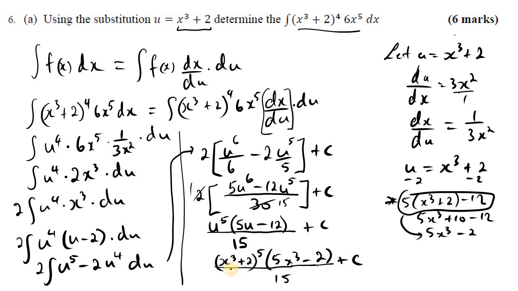So the answer is in the numerator, x cubed plus 2, all raised to the 5th power, multiplied by 5x cubed minus 2, and then all divided by 15, and then plus the constant. If you differentiate this, you should get back this portion here. Alright, so that's it.